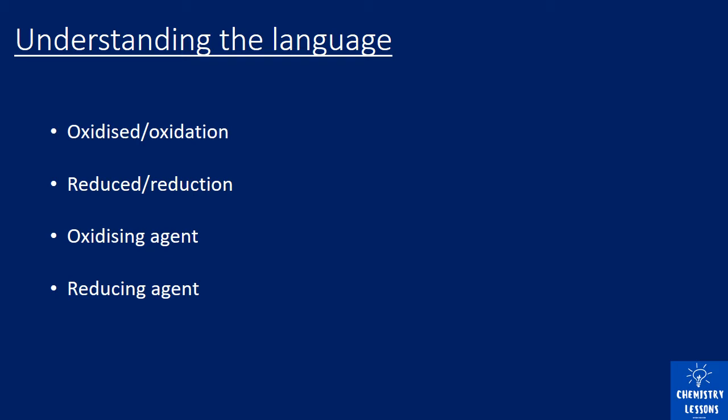So from GCSE, you bring some of this language with you already. You bring with you oxidation and reduction maybe. So just to remind us of something that a lot of students bring with them is to remember this acronym OILRIG, which is oxidation is loss and reduction is gain.